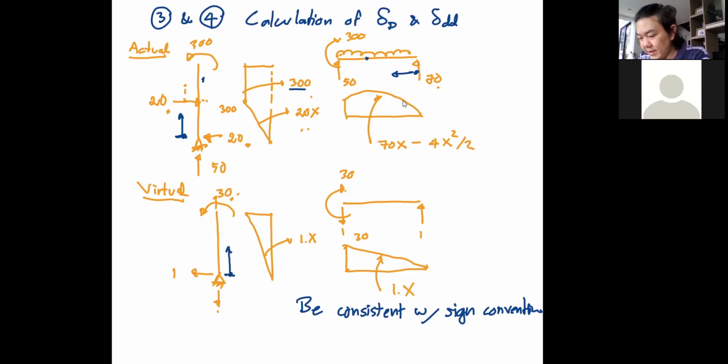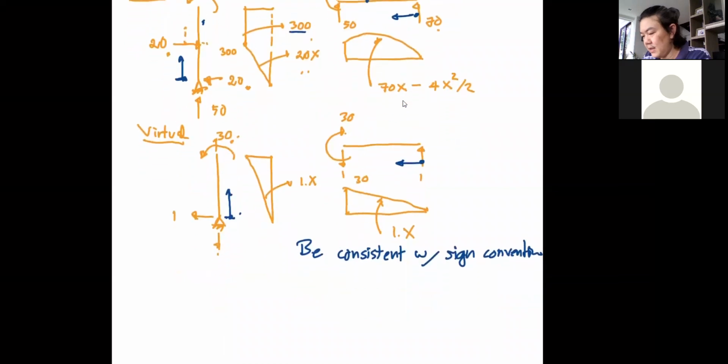It's the same origin, same sign convention, and I don't have to do anything because on the second zone it becomes a constant value. And here I would begin from the right as well to avoid having another constant at the beginning. So from this, now we can write our moment equations to set up our integrals.